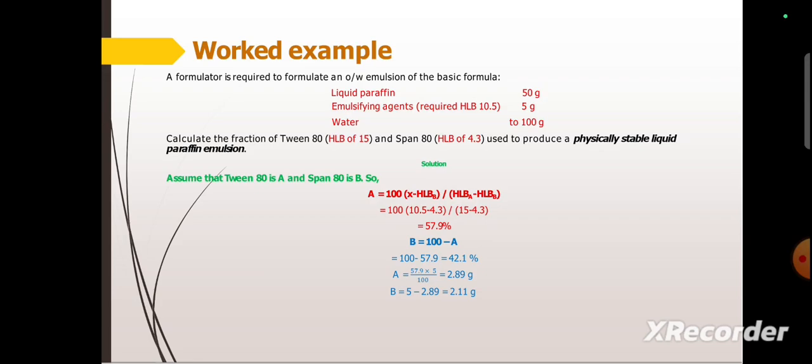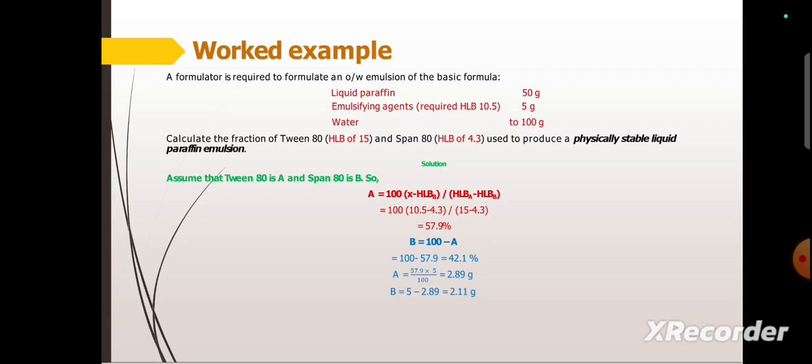HLB B, the HLB of Span 80, is 4.3. So 100 times (10.5 minus 4.3) divided by (15 minus 4.3), the HLB of Tween 80 being 15. So A equals 57.9%.